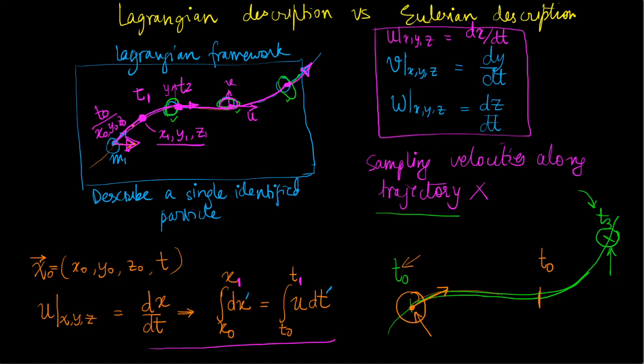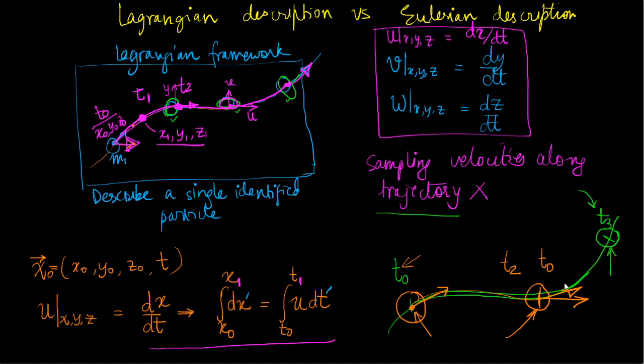I will arrive at this particular point at time t2, and hence I will be able to say that the velocity at this particular point is so and so at time t2, not at any other time apart from t2.